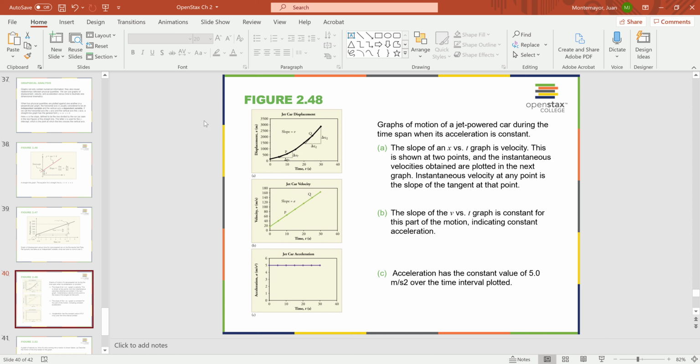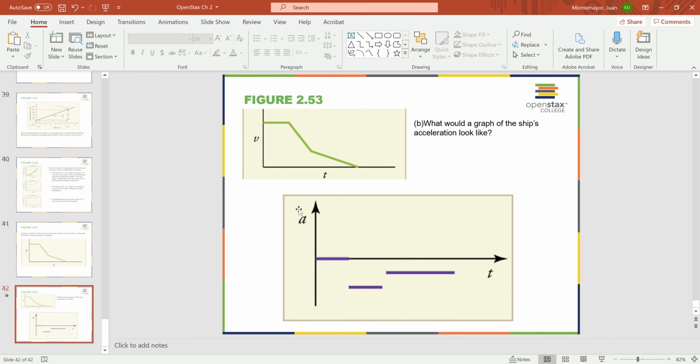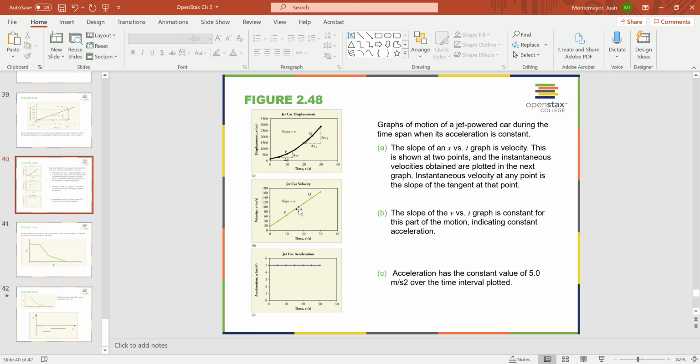So for A, which is our displacement versus time, the slope of an x versus t graph is velocity, like I mentioned. This is shown at 2 points, and the instantaneous velocities obtained are plotted in the next graph, which is this next graph here. Instantaneous velocity at any point is the slope of the tangent at that point. So for B, the slope of the v versus t graph is constant for this part of the motion, indicating a constant acceleration.